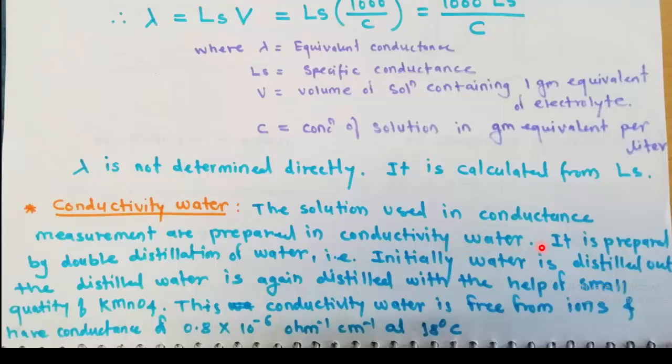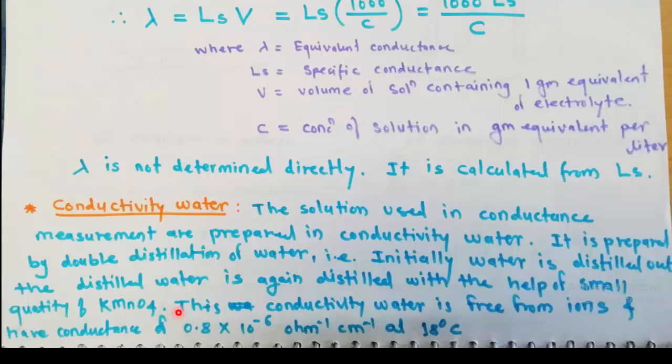Now, how to prepare this conductivity water? It is prepared by double distillation of the water. You are aware of distillation. So, initially the water is distilled first, and again this distilled water is distilled with the help of a small quantity of potassium permanganate.